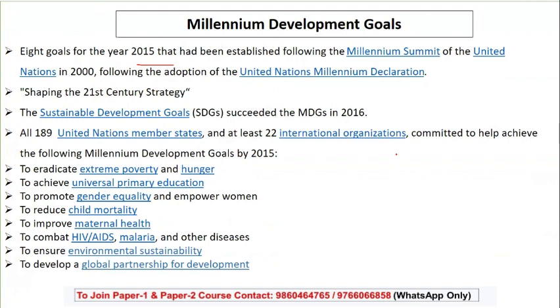And these Millennium Development Goals were succeeded by the Sustainable Development Goals, which have an agenda of 2030. So 189 United Nations member nations, with 22 international organizations, committed to achieve the Millennium Development Goals, which were targeted by 2015.